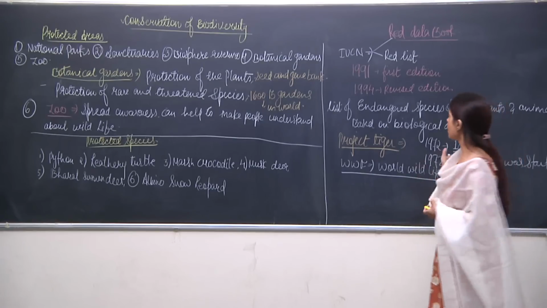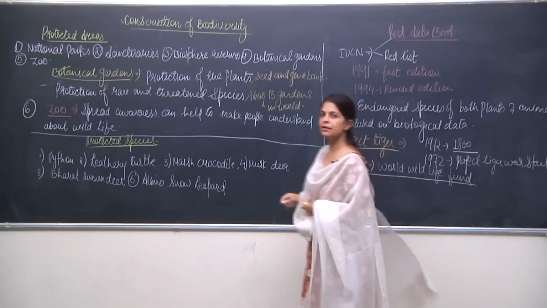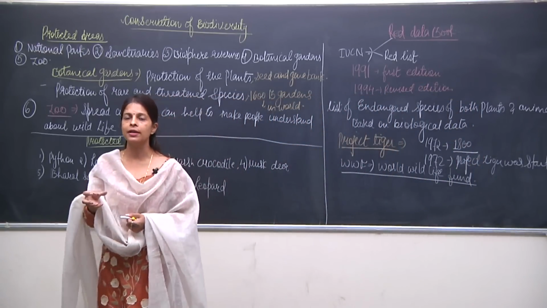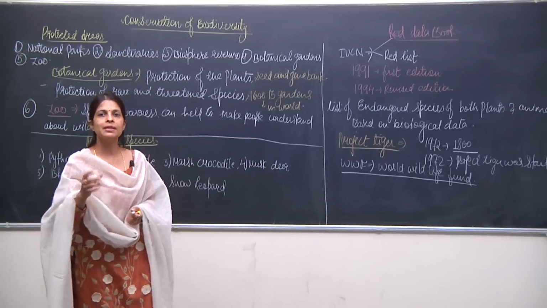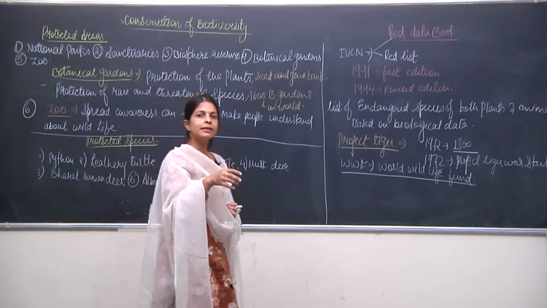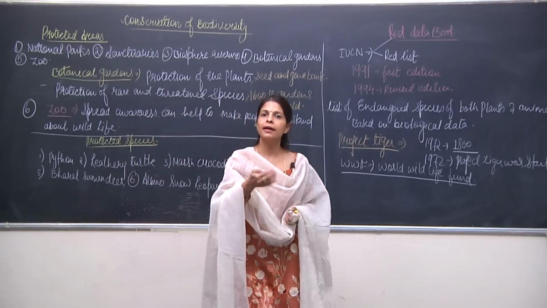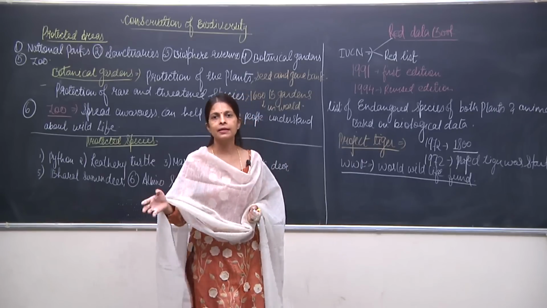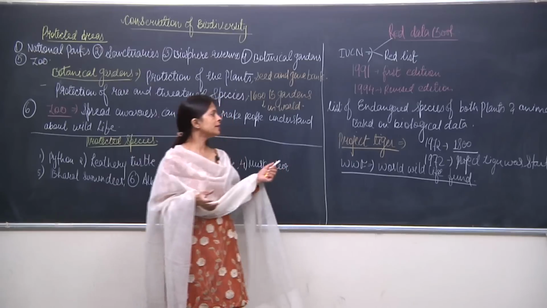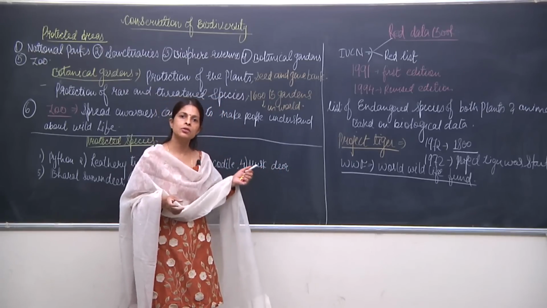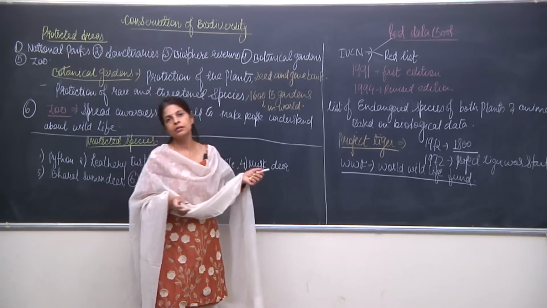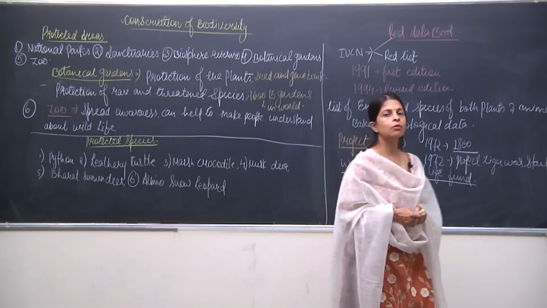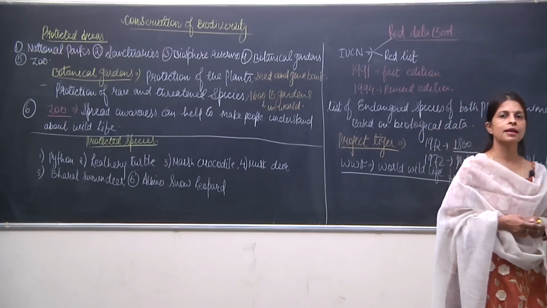And this is the reason why I started from here. We were discussing the Red Data Book, why this data has to be mentioned, why we scientists need to collect all this data. Because by collecting data, they can understand what the things actually are, where they stand. Due to these calculations, Project Tiger was formed, and it tells the great story of success, how the number of tigers has increased.